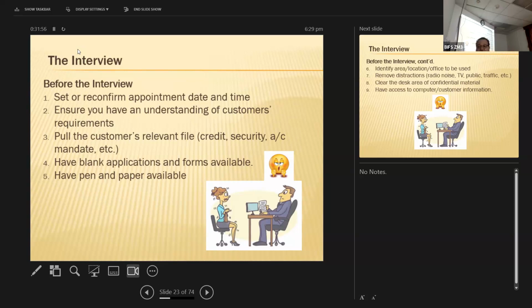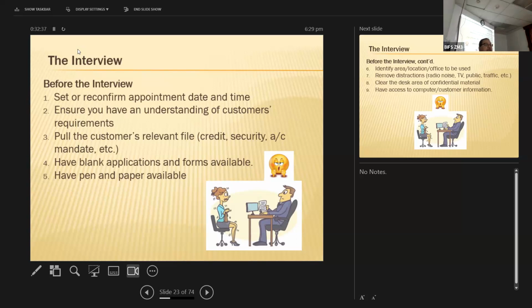During that telephone call, when you end the call, you want to remind them of the date and the time. And if necessary, they may want to know exactly where you're located, particularly if you occupy multiple floors. So: I'm on the 2nd floor, come to the receptionist, they'll direct you, and so on.